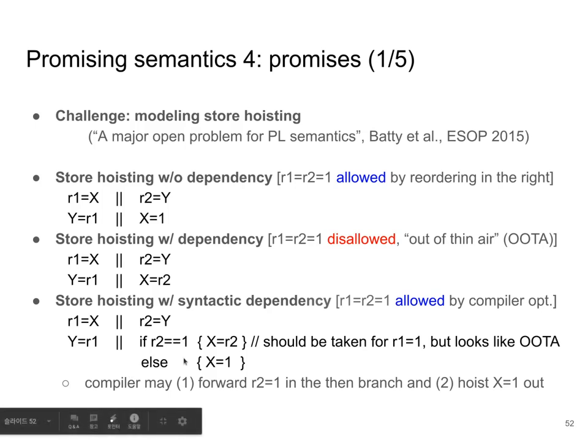But as you see, the compiler optimization may remove the dependencies, so there is no genuine dependency between this read and this write. So we need to find a way to decide whether there is a semantic dependency, as in examples 1 and 3, or there is no semantic dependency, as in example 2.